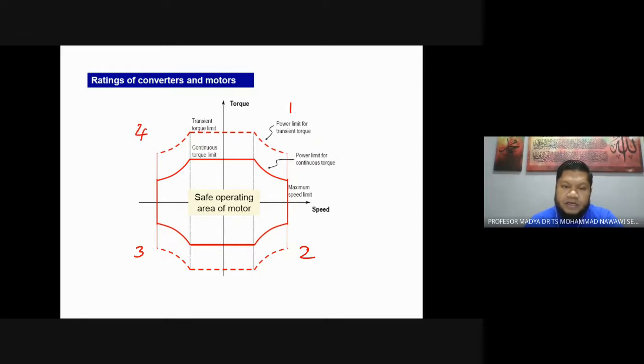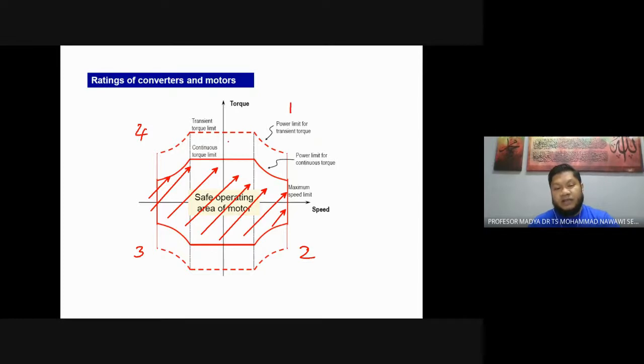The dashed line here is actually the limit. To operate the motor in a safe zone, you must operate it within that area. This is known as the safe operating area of the motor.